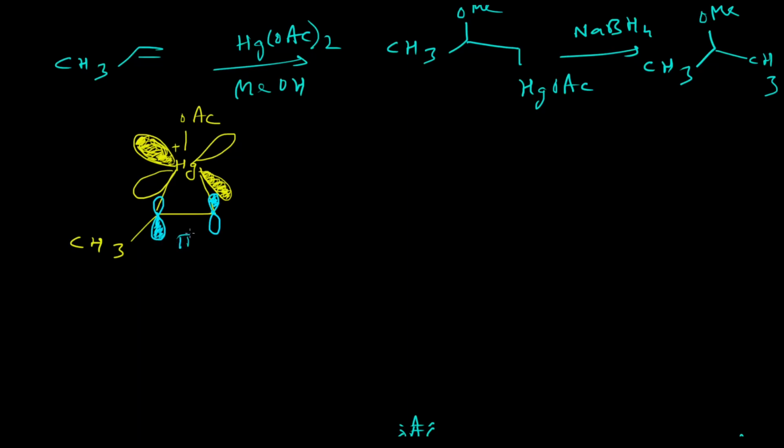So this is the pi star antibonding orbital of this double bond, and this is the filled d orbital. So the overall effect will be stabilization of this mercurinium intermediate after this type of interaction.